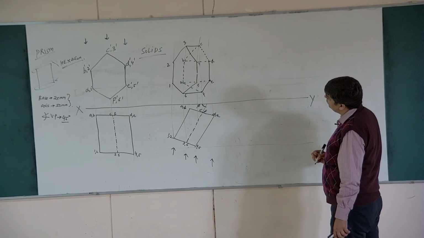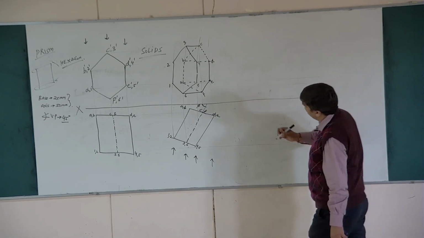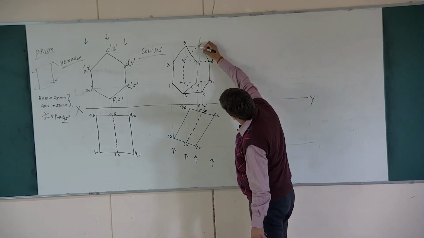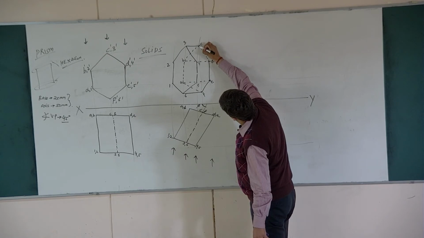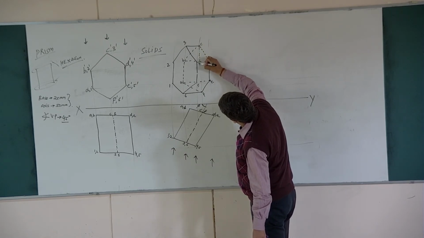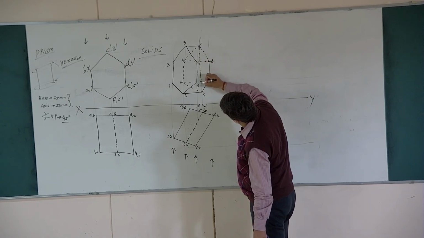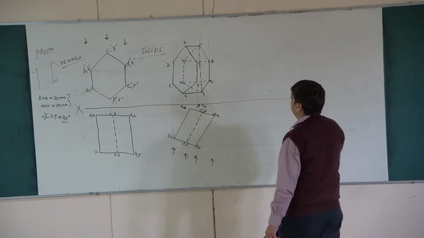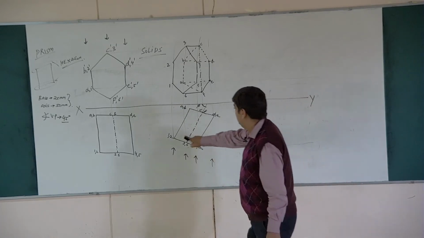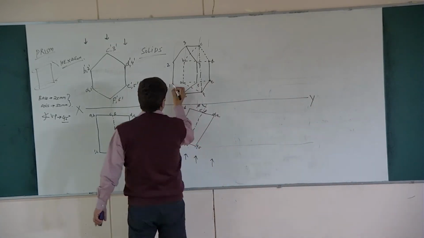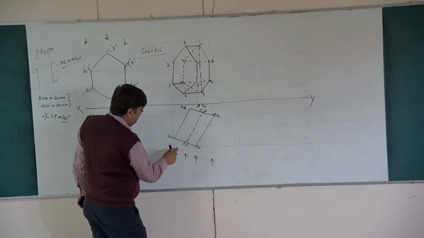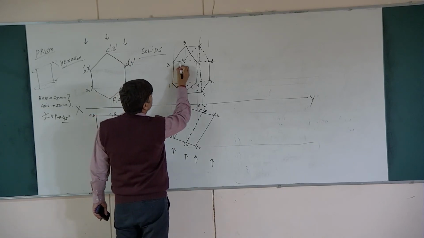C to F is your what? Axis line. So C to F: dash dot dash dot dash dot dash dot dash. 1 to A, continuous. 2 to B, continuous.